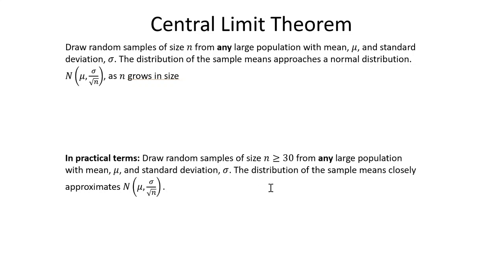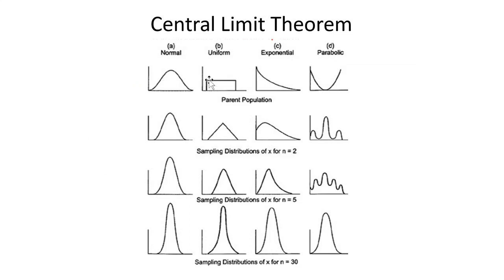Now I'm going to show you a visual of this and show you a visual of why we say any large population. It doesn't matter what the original population looks like. It can be normal, uniform, skewed, or this parabolic weird thing. If n is just equal to 2, our sample size is 2, it's going to kind of match, but not be normal. So kind of match in this case, kind of match in this case, but definitely not normal.